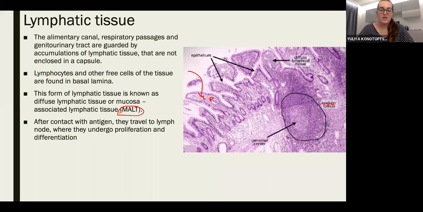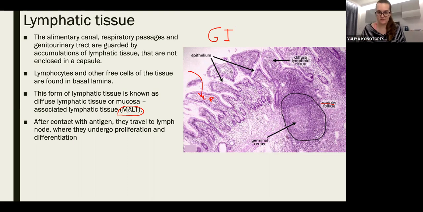MALT is too general. It's a general name. It depends on the organ you're in. This area, for example, is in the GI. It is in your large intestine. So we call it not MALT, but GALT, because it is gut-associated lymphatic tissue. So what is GALT? GALT is MALT in the GI.